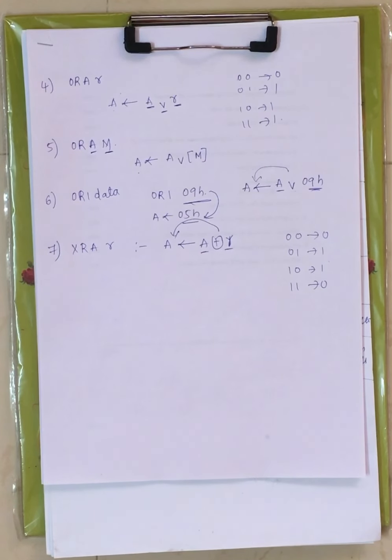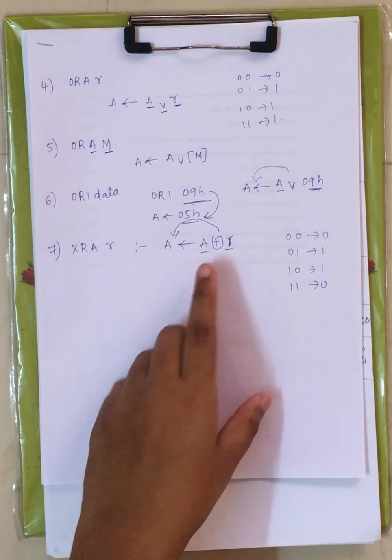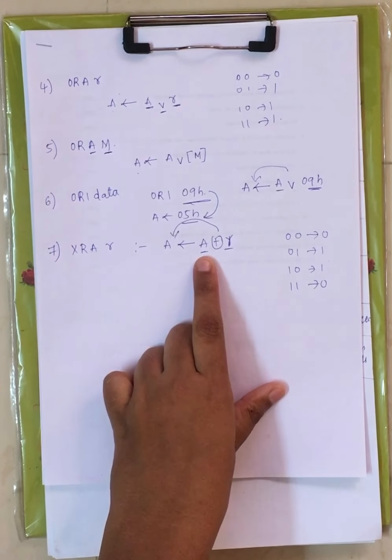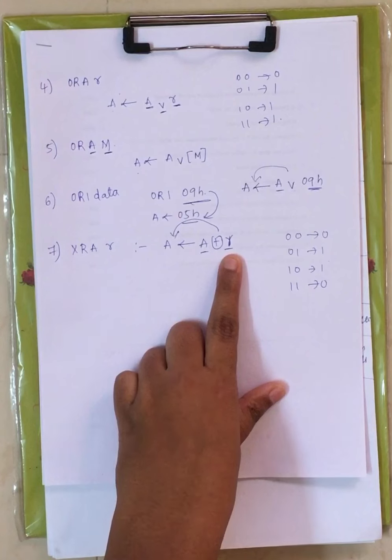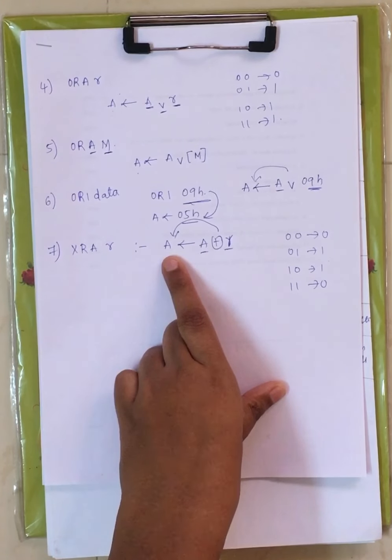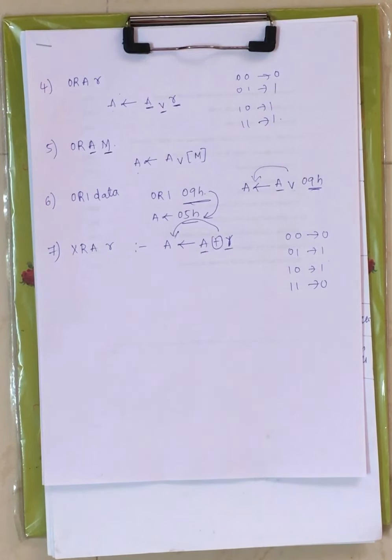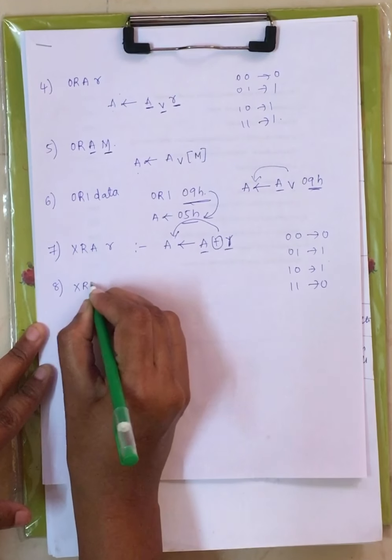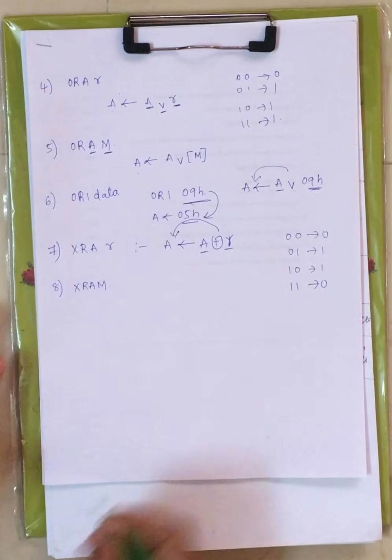Now what it will do, it will perform the exclusive OR operation between the contents of the accumulator and the contents of register R, and the result is stored in the accumulator itself, right? Now coming to the next instruction, we have XRAM, right?